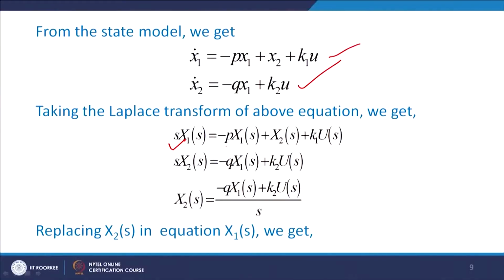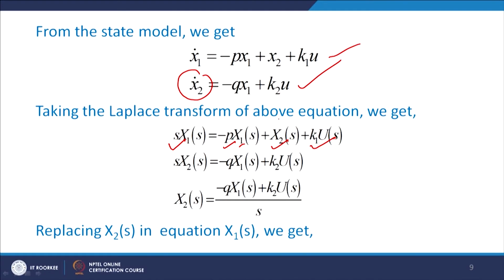If we want them in the S domain, we have to take the Laplace transform. The Laplace transform is s x1 of s equals minus p x1 of s plus x2 of s plus k1 u of s. Here one important thing is that we have neglected the initial conditions. Then s x2 of s equals minus q x1 of s plus k2 u of s.